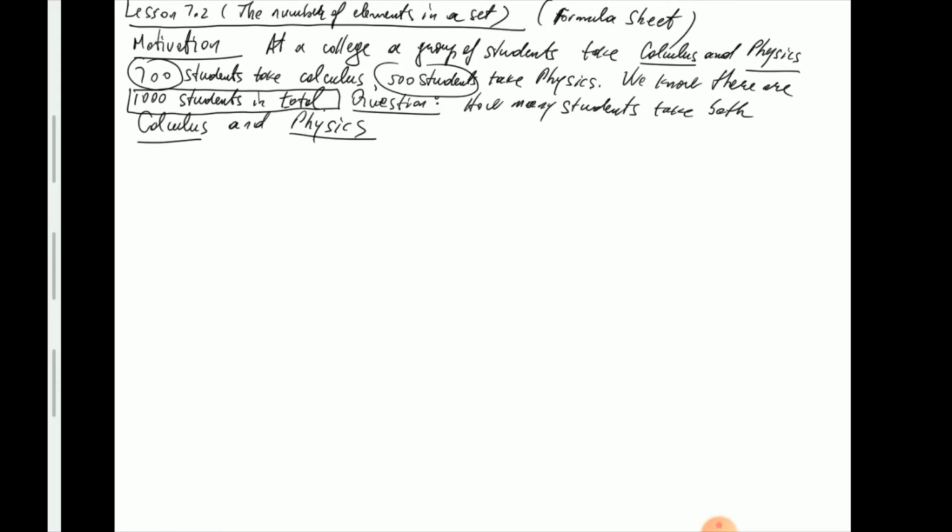We're going to get to that if you didn't figure out the number yet. But let's look at this problem in terms of set notation. The problem gives you basically two sets. You have the set, let's call it A, of students taking calculus, and you have a set B of students taking physics.